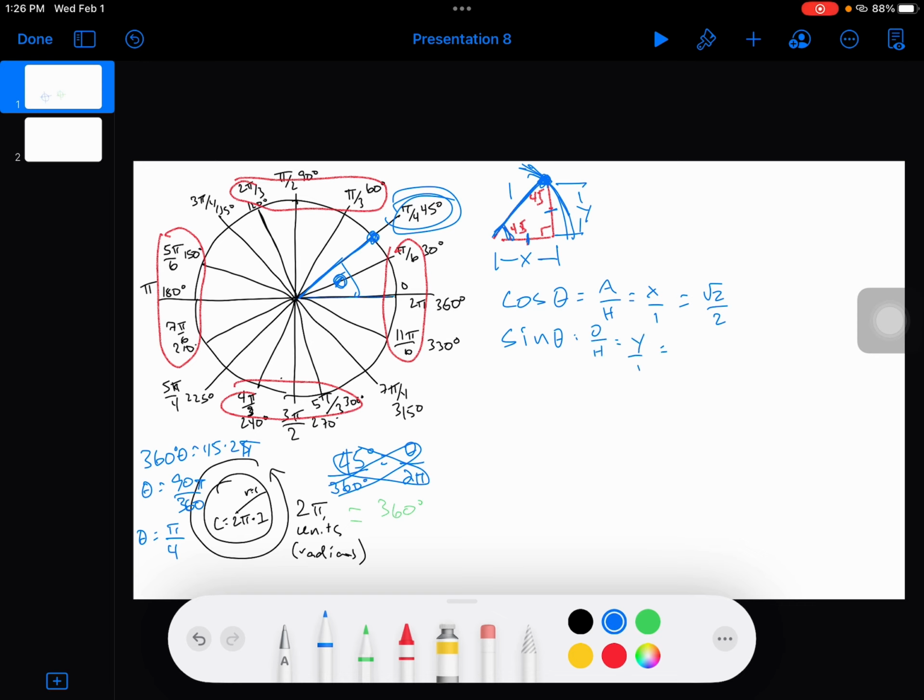In this case, it's also root 2 over 2. And then the tangent at 45 is going to be the opposite over the adjacent, which is the y over the x, or 1, because they're equal. And so that opposite and adjacent isn't irrelevant to this unit circle. In fact, that's how we get our ratios, by looking at those triangles inside the unit circle.